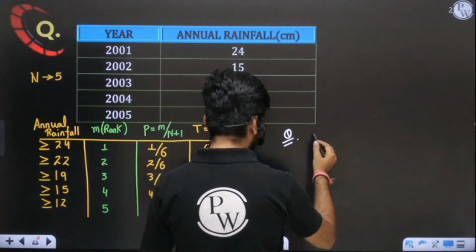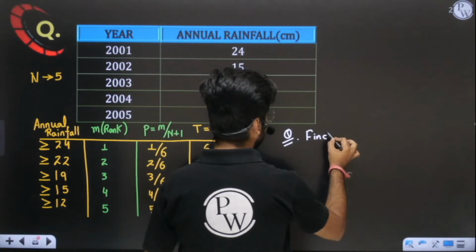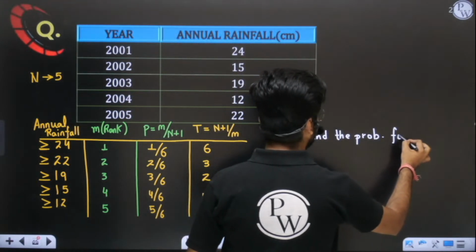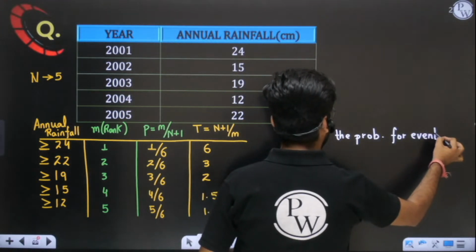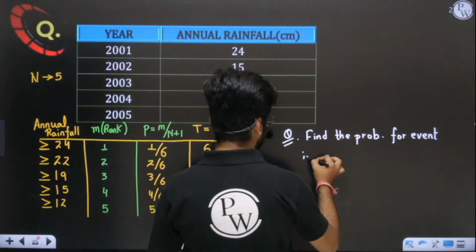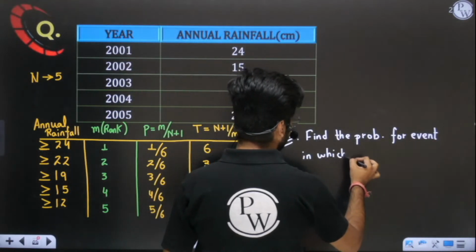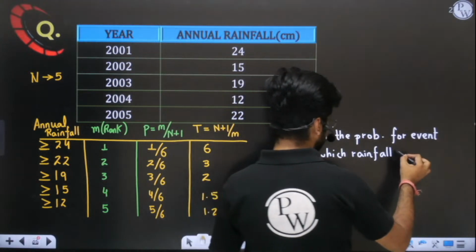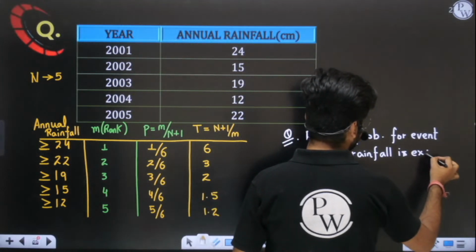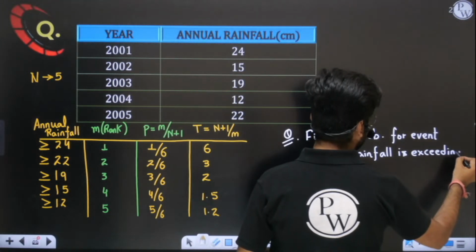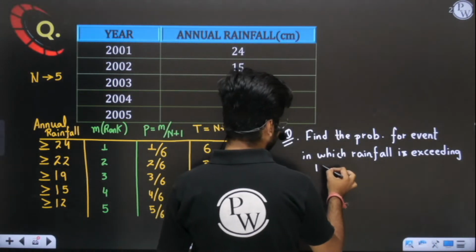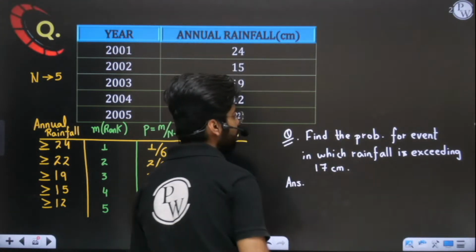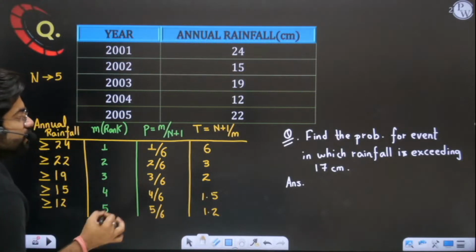Tell me, find the probability for event in which rainfall is exceeding 17 centimeters.